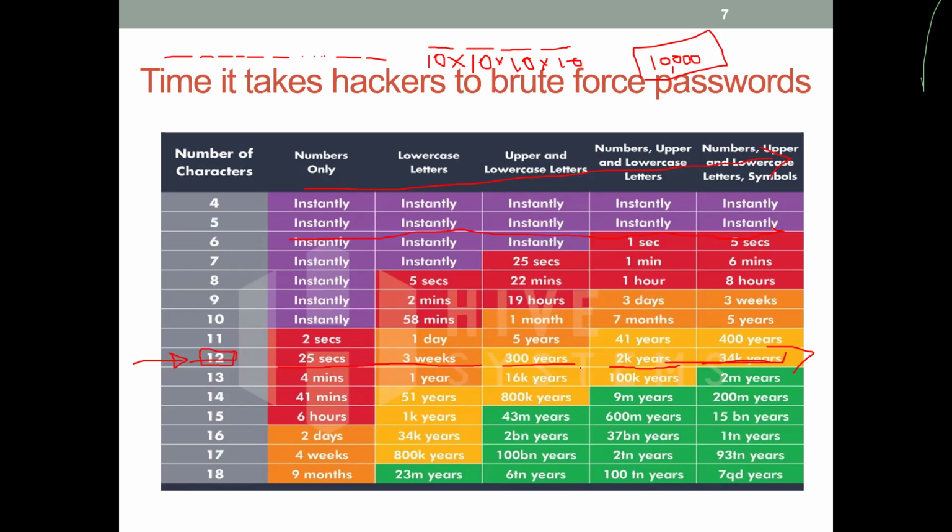Normally, what is the requirement for doing a brute force attack? Tell me. If you are doing a brute force attack, what do you need? You need a computing resource, right? So how will they decide on 12 characters?